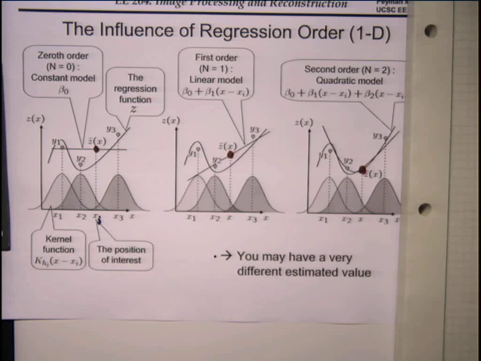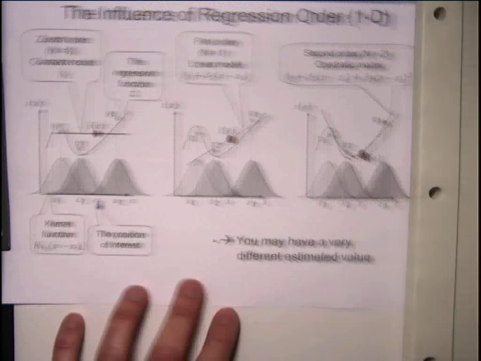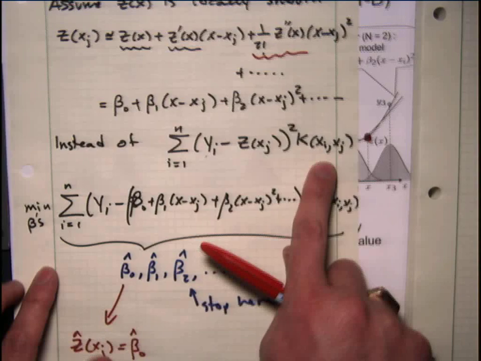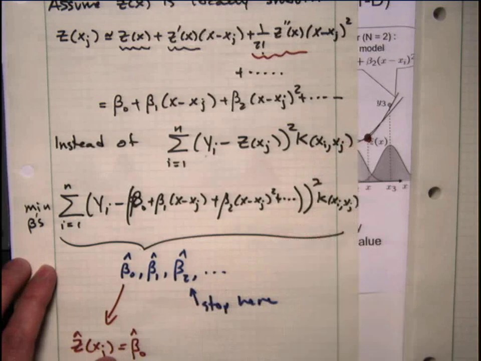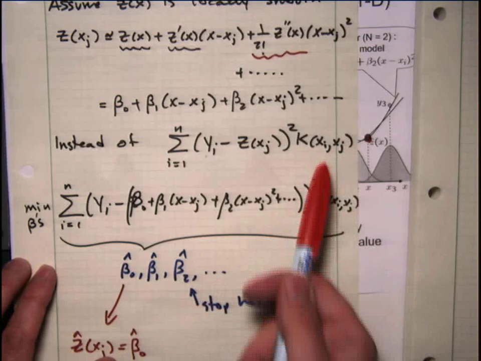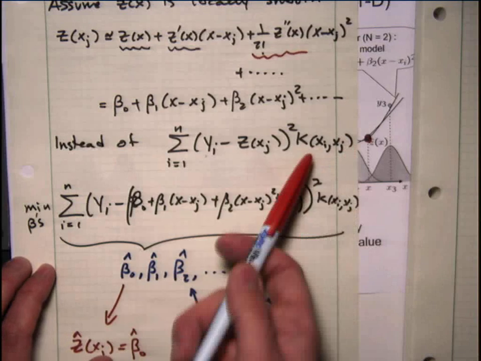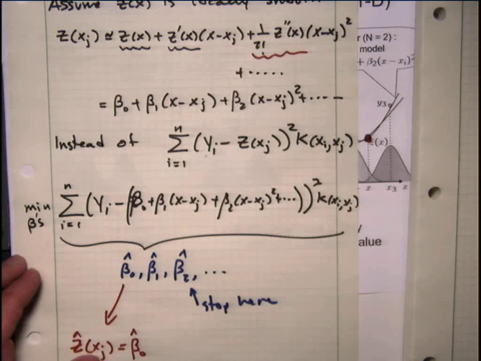Okay? Another way to think about the bias variance trade-off is in this problem here, we are going to choose this kernel, right? Let's say I pick it to be a Gaussian. This Gaussian has some parameters, okay? Well, the mean is not really a parameter because that's going to be centered at my position of interest.